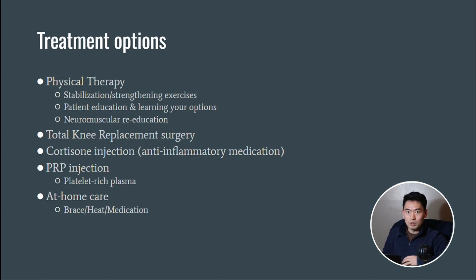So what do we do now? What are some treatment options? The first one is physical therapy. We'll go into a more detailed explanation of these three things, but I do think these are the most important grounds to cover when it comes to physical therapy and working with knee OA patients, knee osteoarthritis patients.